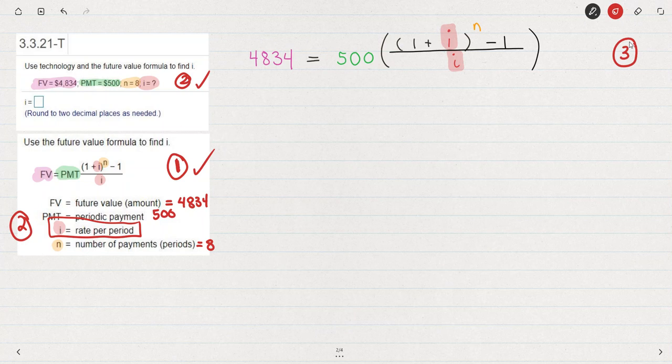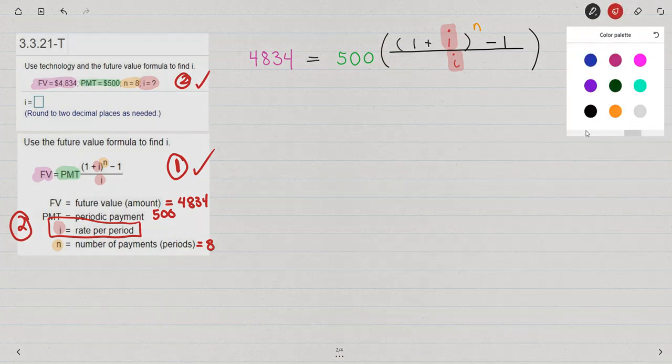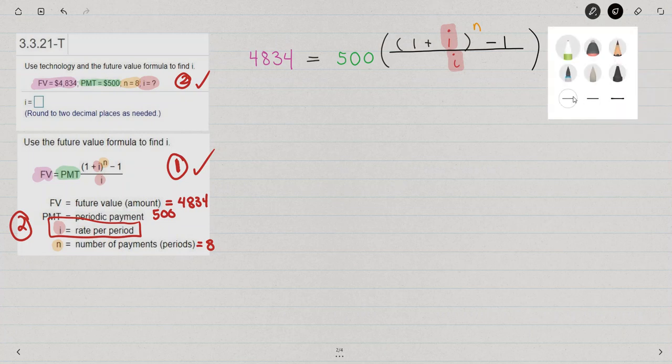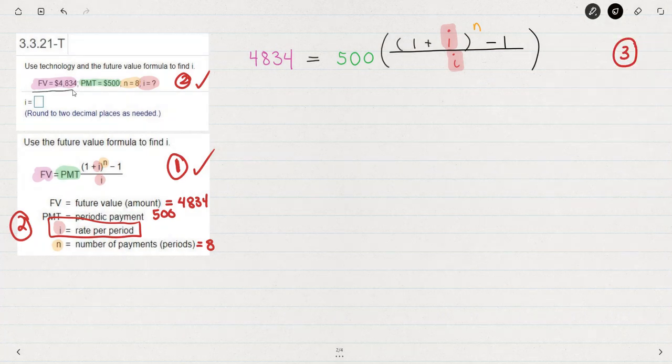You can maybe follow this color coding that I have. Let me walk you through that color coding. For the future value, I've highlighted that pink, $4,834. The payment amount is green, $500.